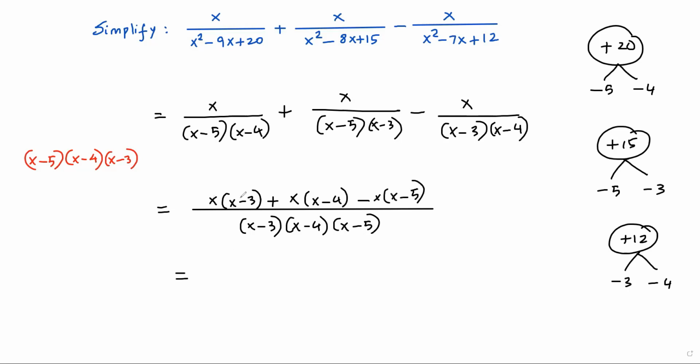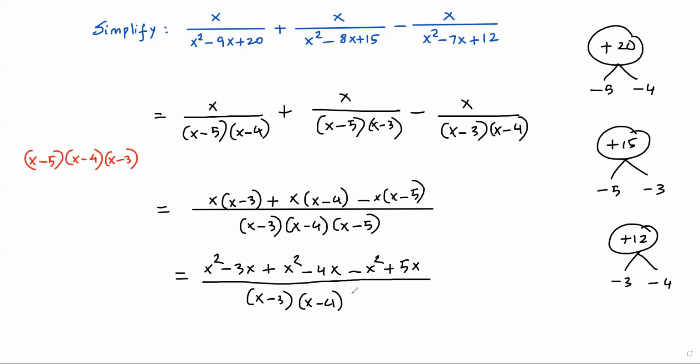Now we can simplify the numerator. Distributing x, I get x² − 3x, then x² − 4x. When I distribute the negative x, I get −x² + 5x, all over (x − 3)(x − 4)(x − 5). Negative x² and positive x² cancel out, so I get x².